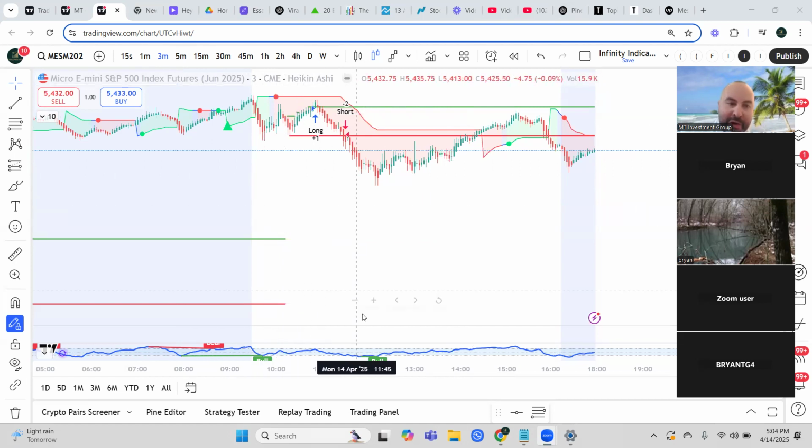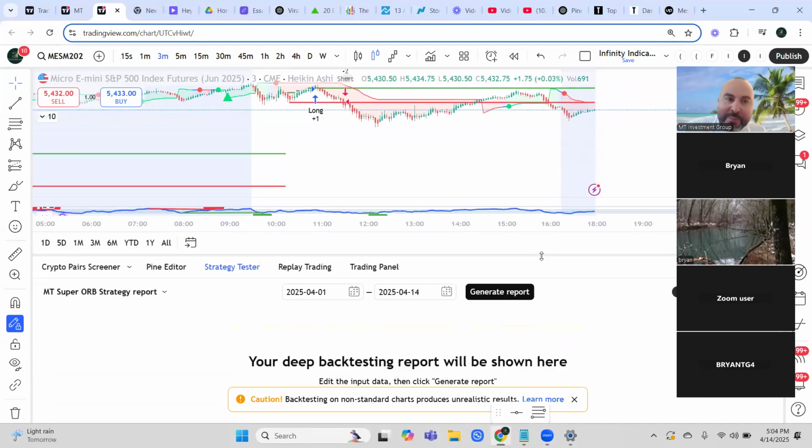I am putting out a custom version of the ORB indicator. You can use some of the other ORB indicators as well, but my indicator is going to be beefed up. I'm adding a few features to it.